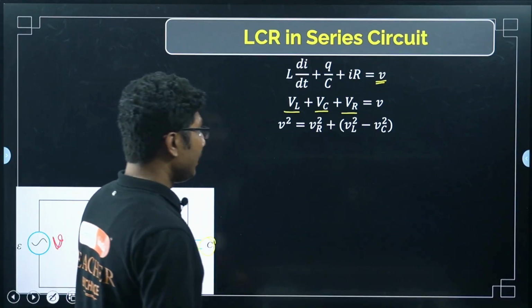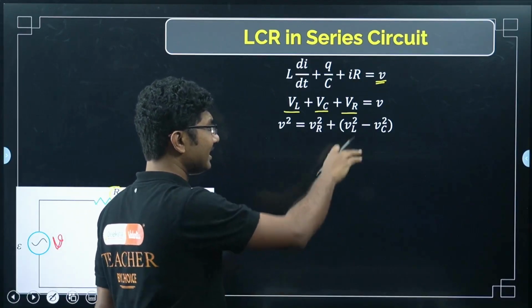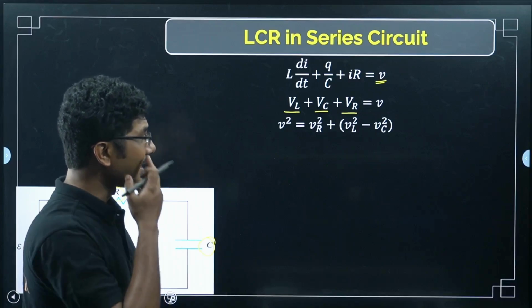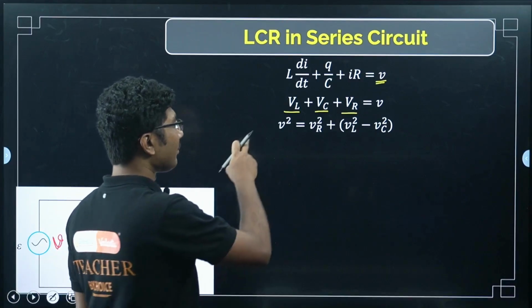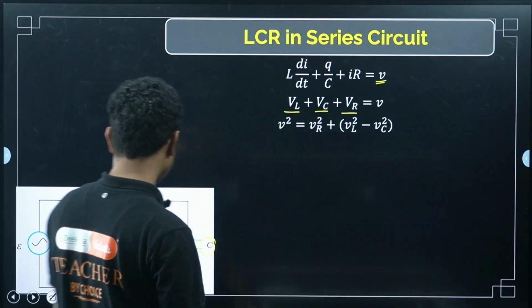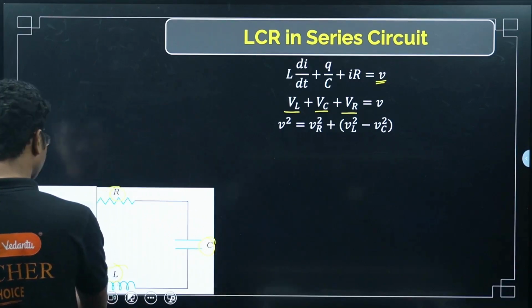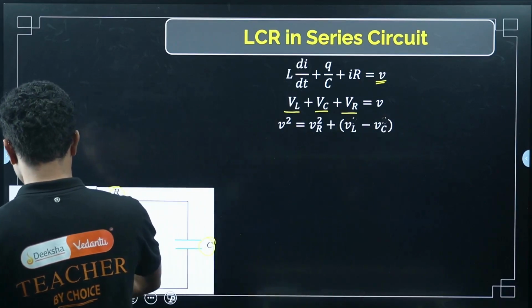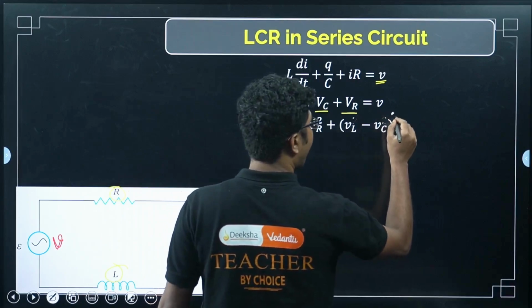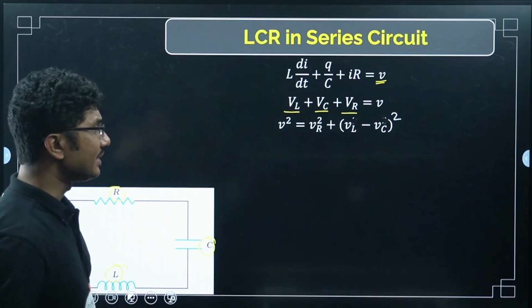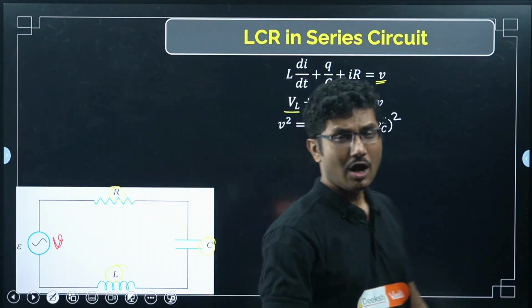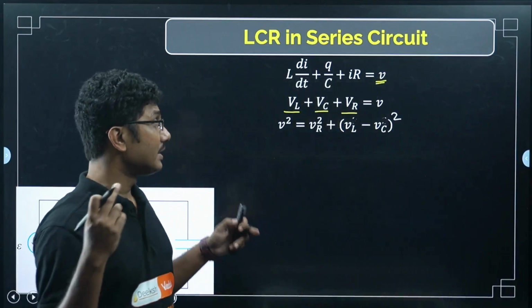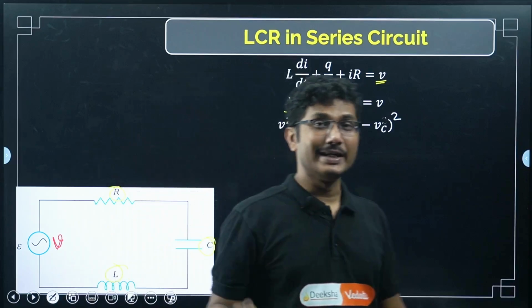Now if you are considering the AC components along with their signs, then you can write this as V square is equal to VR square plus, there is a mistake here, VL minus VC whole square. Now VL and VC are opposite in phase, so they have a total phase difference of 180 degrees.